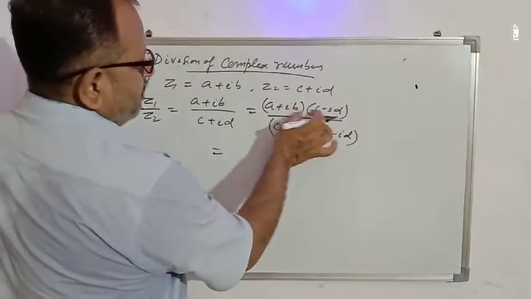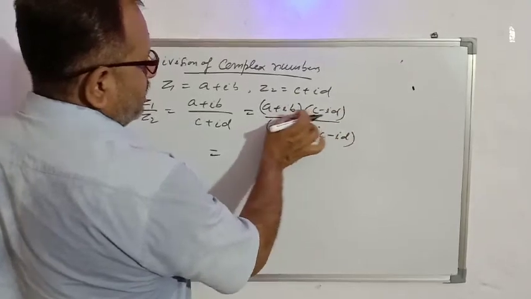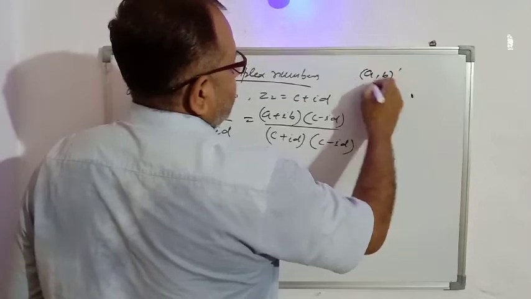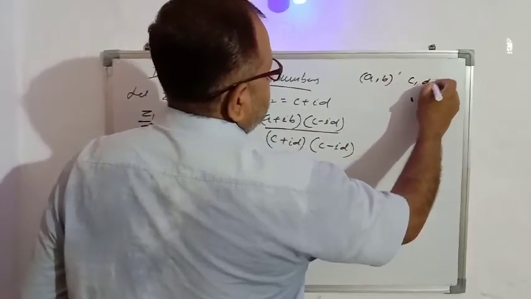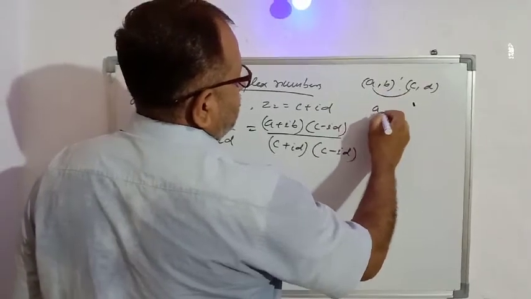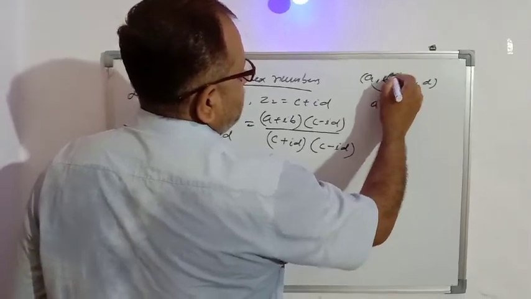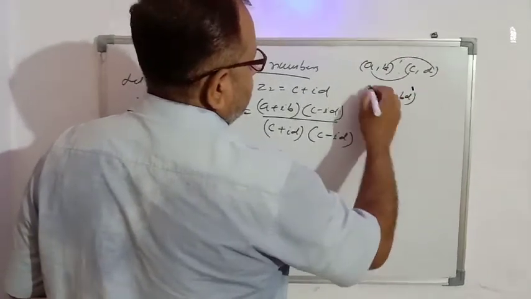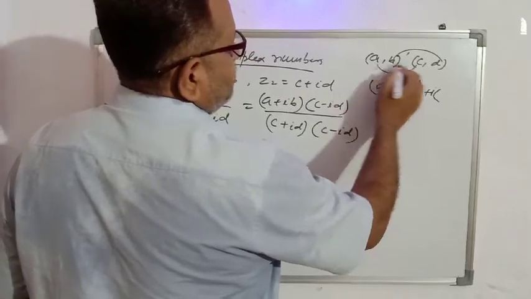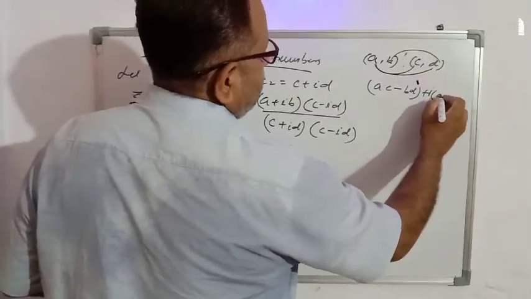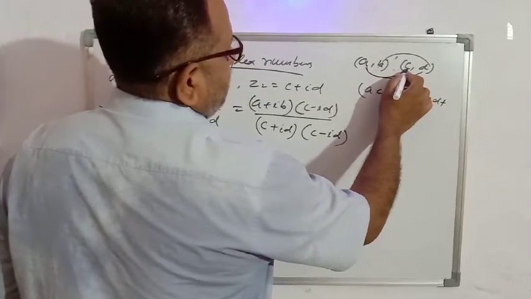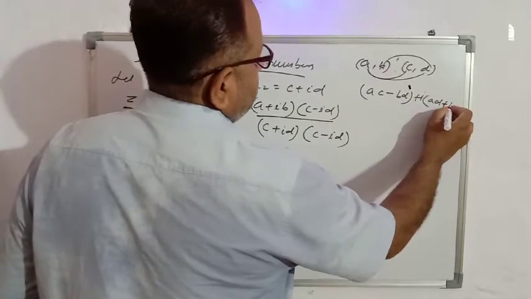So what is the product of these two complex numbers in the numerator? We know that one complex number is a, b, another complex number is c, d. How can we multiply? We will multiply the real part ac minus imaginary part bd plus i into real part of first into imaginary part of second, ad, plus real part of second into imaginary part of the first, bc.